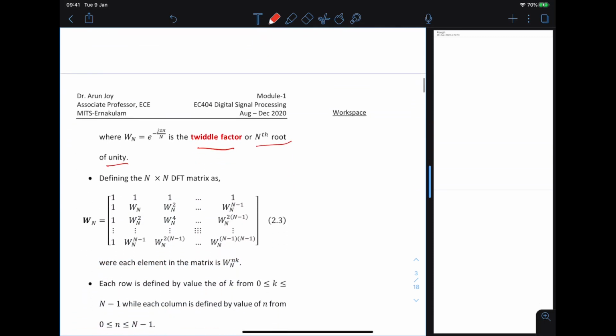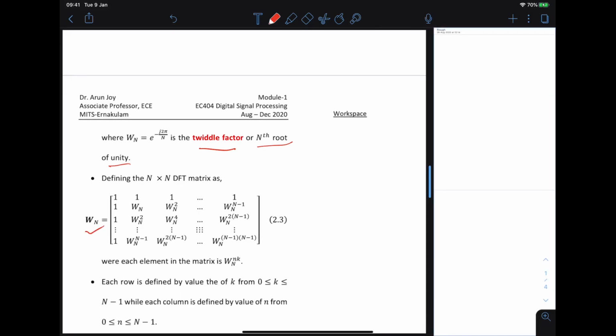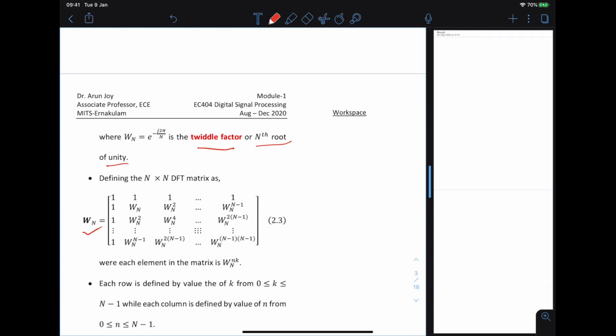Next, let us define a matrix of this sort. Wn is equal to n by n DFT matrix. This is W, capital W, Wn, that bold letter is representing a matrix, and the size of this matrix is n by n. If you are told to find an n DFT matrix, your DFT matrix size will be equal to n by n.